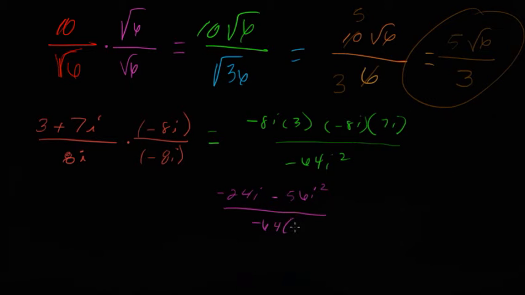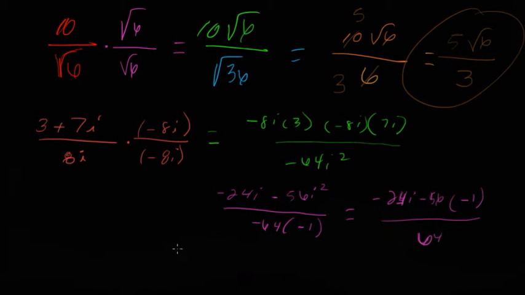Now remember, i squared is the same thing as negative 1. So this will be minus 24i minus 56 times i squared, which is negative 1, over 64.